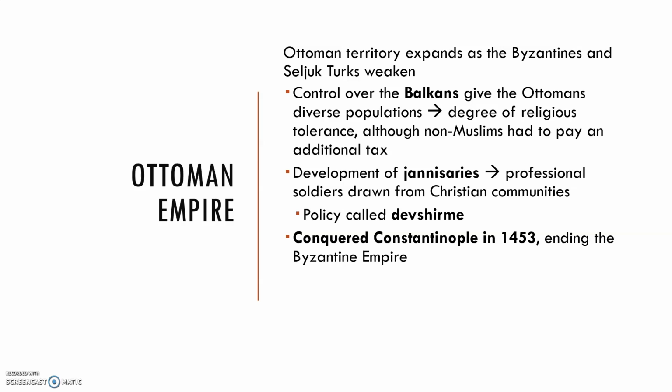So it's a mixed bag, but it was very effective for the Ottomans. Ultimately, by using this core of Janissaries, the Ottomans developed one of the finest militaries of the 15th and 16th century. This allowed them to conquer the Byzantine Empire capital of Constantinople in 1453, and that kills the Byzantine Empire.